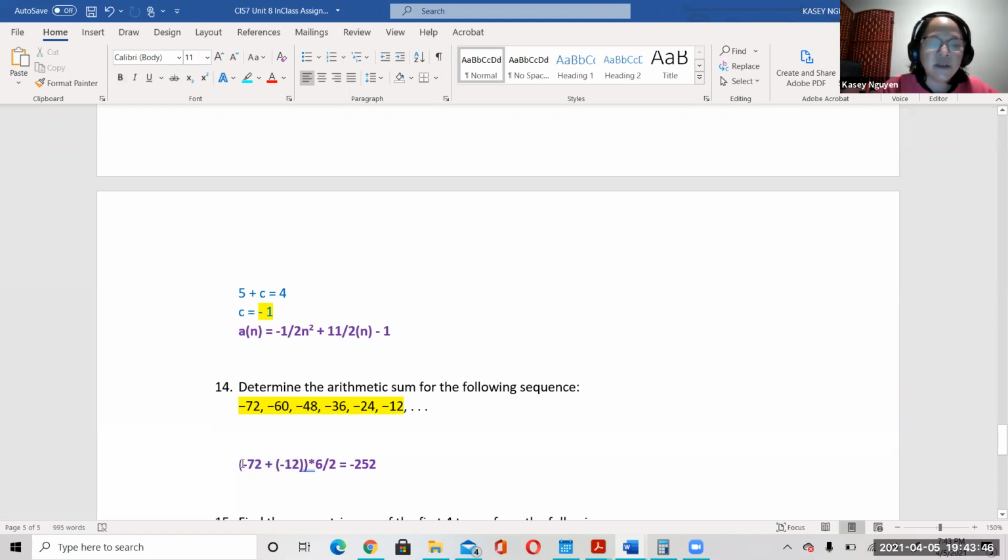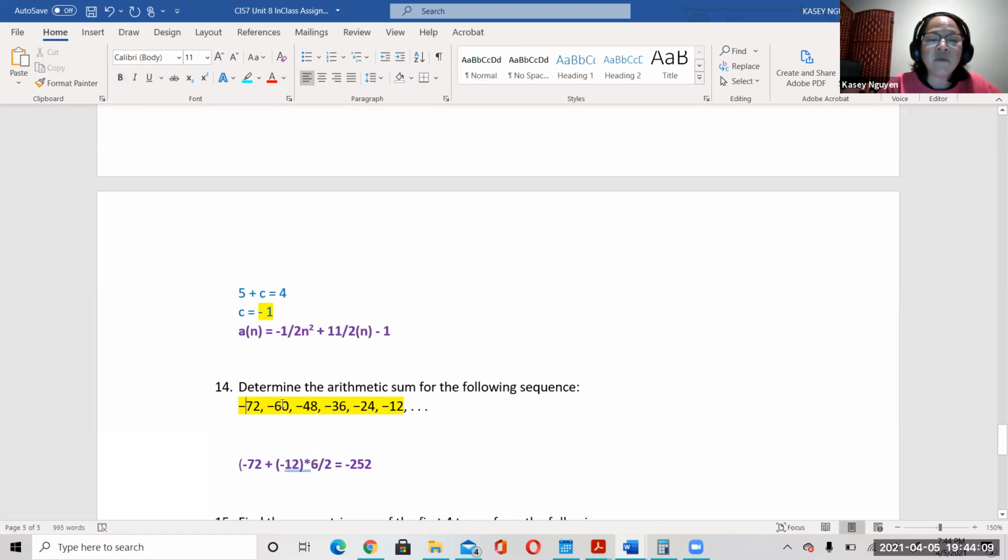So you have -72 subtract 12, and that's going to be -84. Then you multiply it by the number of terms divided by 2.